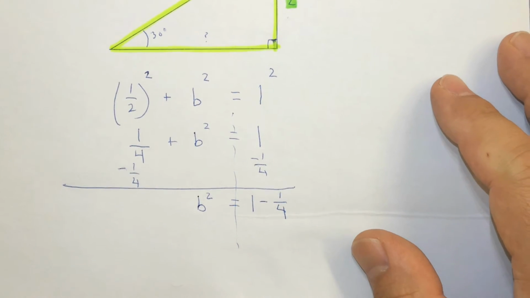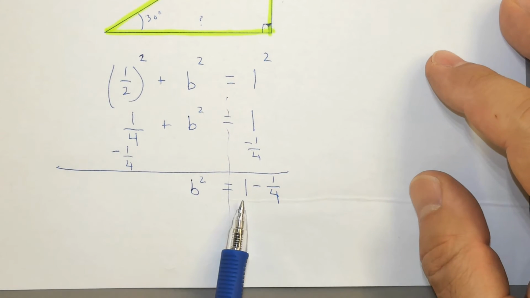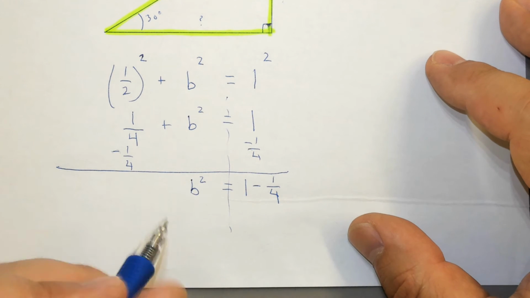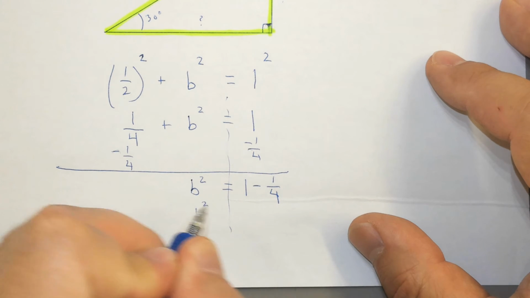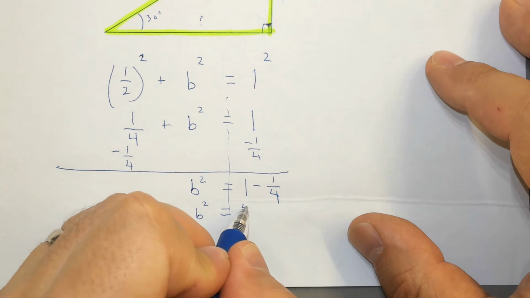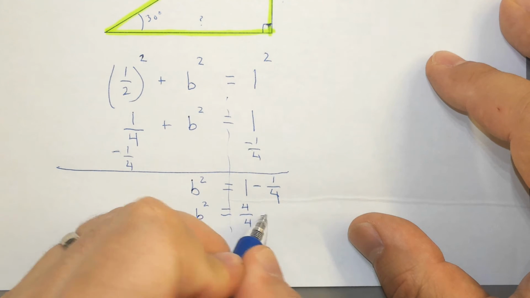Okay? Now we should know that in order for us to subtract these, we need to have the same denominator. And I always tell you guys, let's disguise the 1 as 4 divided by 4.